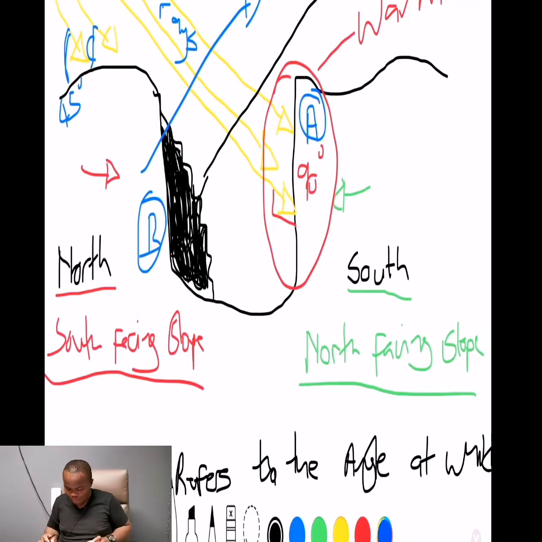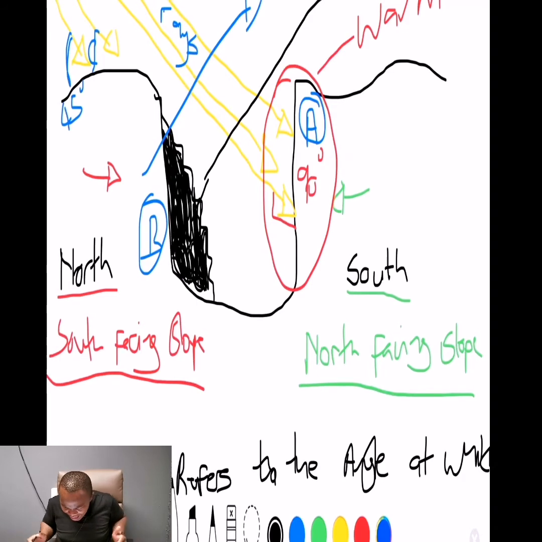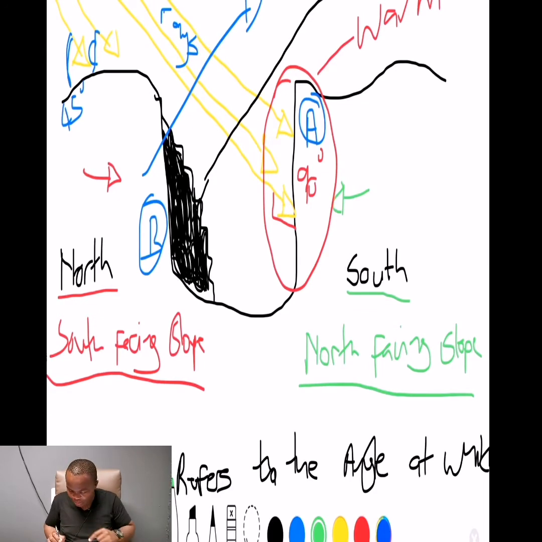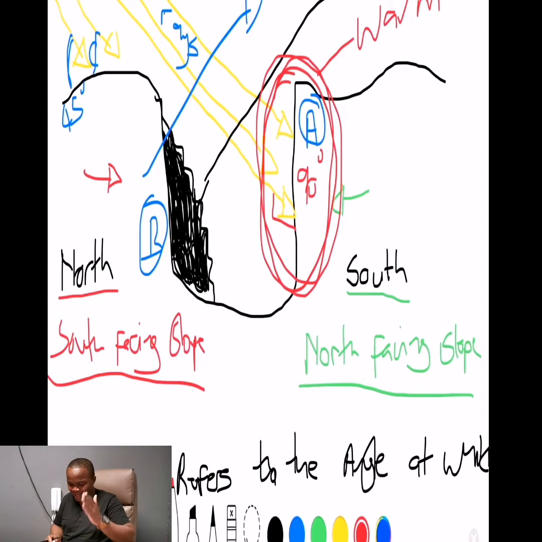All right. Another thing that you need to understand is that in the southern hemisphere, the north-facing slope receives direct insolation and it is warmer. In the southern hemisphere. So you can just tell that this is our southern hemisphere. Why is that the case? Because this area here, in the north-facing slope, is receiving direct insolation.